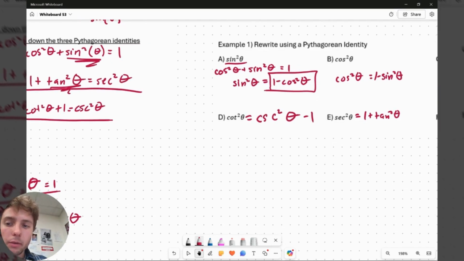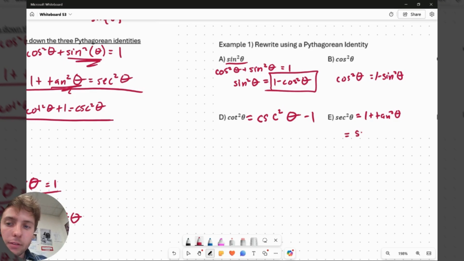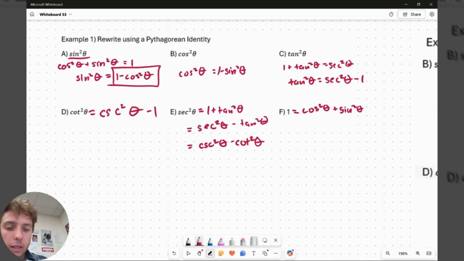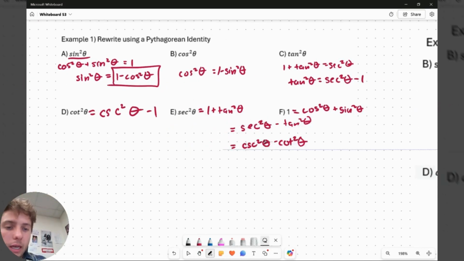Get the 1 by itself, and you might have secant squared minus tangent squared, or cosecant squared minus cotangent squared. All we're doing is just manipulating these equations to get whatever part we need by itself. Sorry, that one is under the wrong one. I meant to put that under the 1.